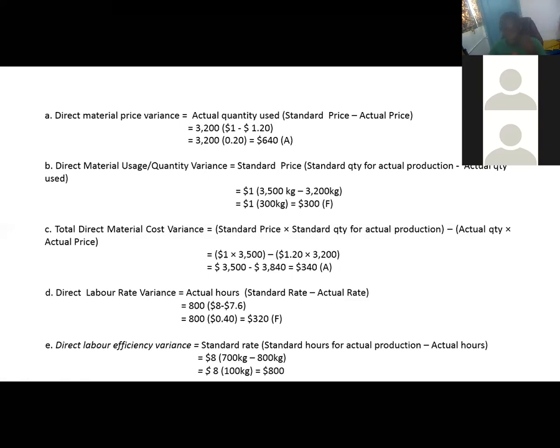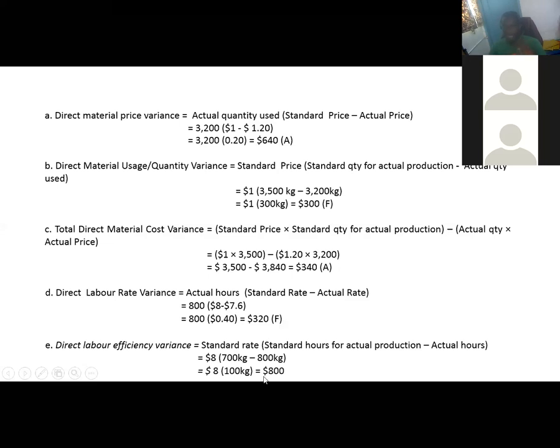So this is 0.40. When we multiply 0.40 by 800, we will get $320. And that is favorable, because when we did the subtraction, we had a positive figure. So you are going to put F in bracket, or you can write it in full, favorable. Okay, that is that.